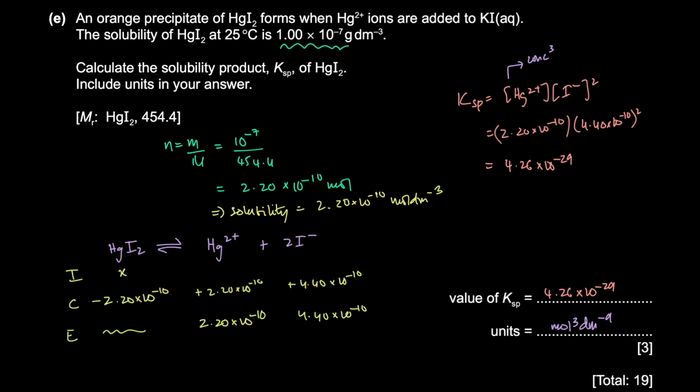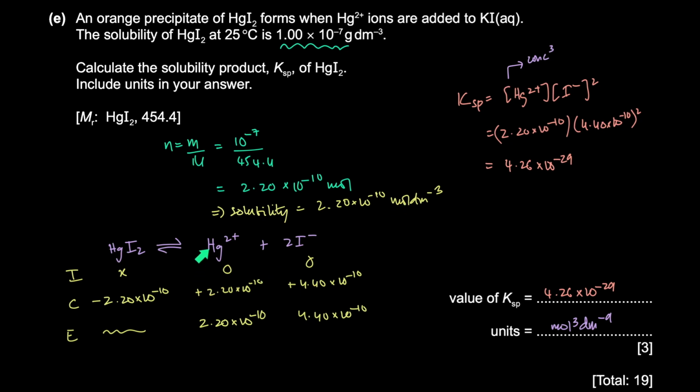Now again, what I want you guys to understand is this. Let's just assume we had 1 decimeter cube of solution. Initially they said that this is how much of the mercury iodide dissolved, 1 × 10^-7 grams in that 1 decimeter cube. So we had a certain starting amount of the solid, and we had 0 moles of the ions. At equilibrium, 2.20 × 10^-10 moles per decimeter cube dissolved.